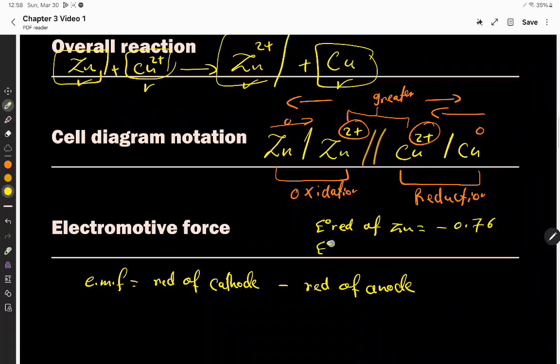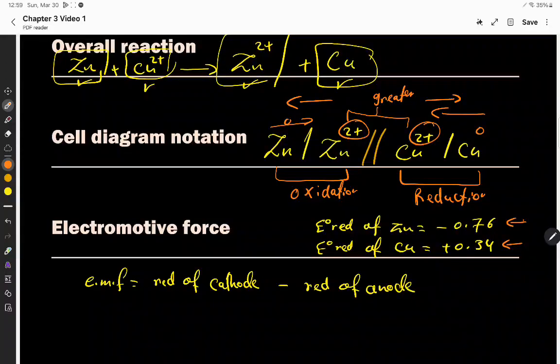Now the reduction potential of copper is positive 0.34. As we can see here, zinc has the lesser reduction potential, so it is the anode, and copper is the cathode.